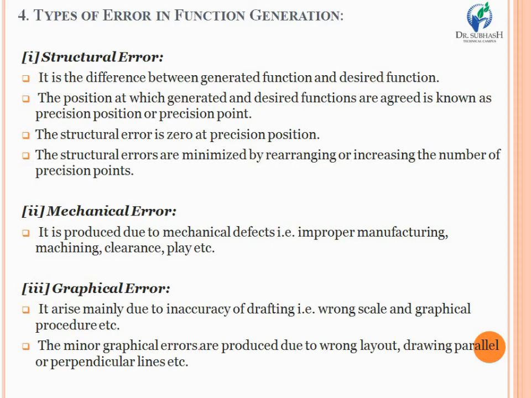So it causes a kind of error, and that comes under the mechanical error. Generally, rubbing joints, elasticity of links, deformation due to external loading, or the force for power transmission, such types of problems may arise.